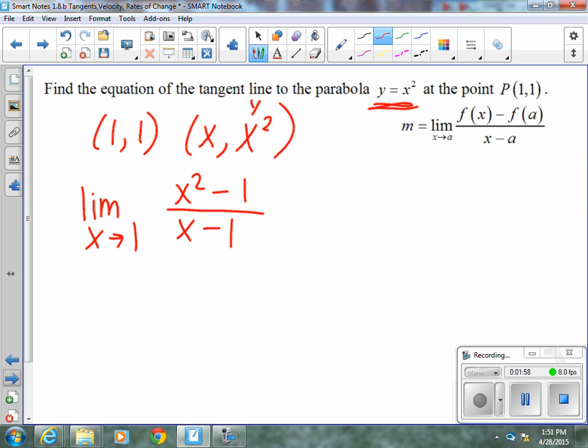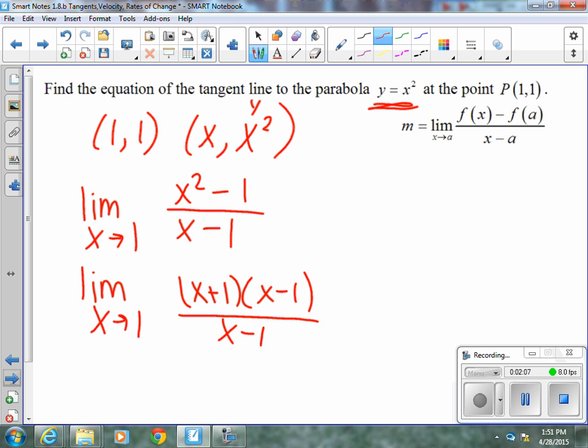So, we need to do some algebra. The limit, as x approaches 1, of (x plus 1)(x minus 1) all over x minus 1, is the same as the limit as x approaches 1 of x plus 1, so we get 1 plus 1, which equals 2. Now, what we were finding this whole time, this is the equation for the slope.